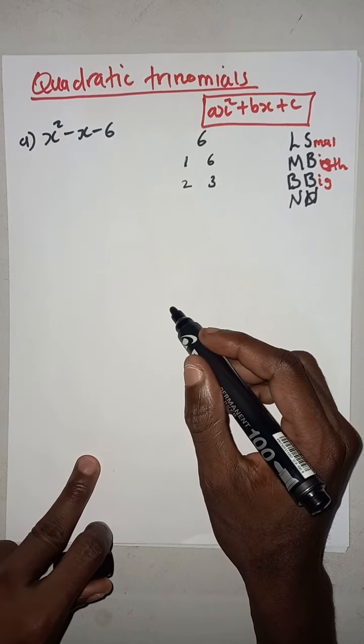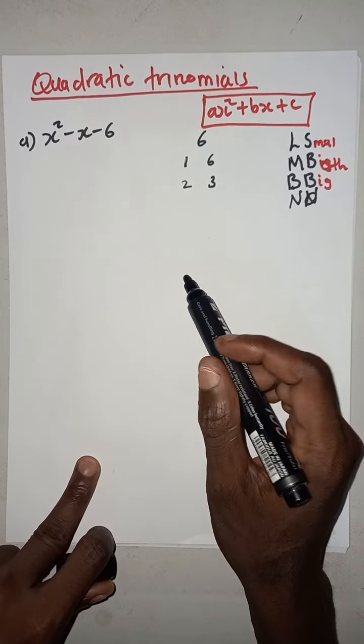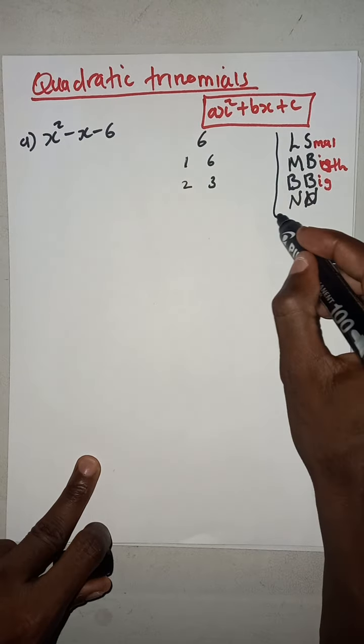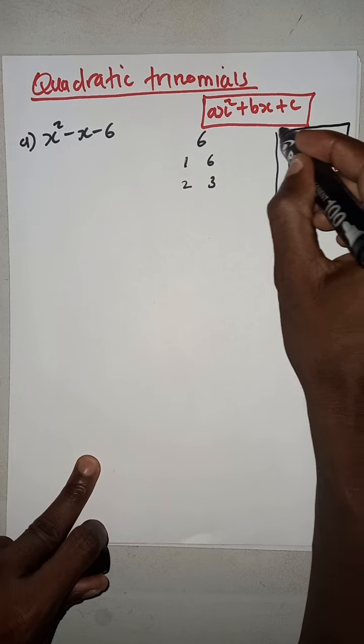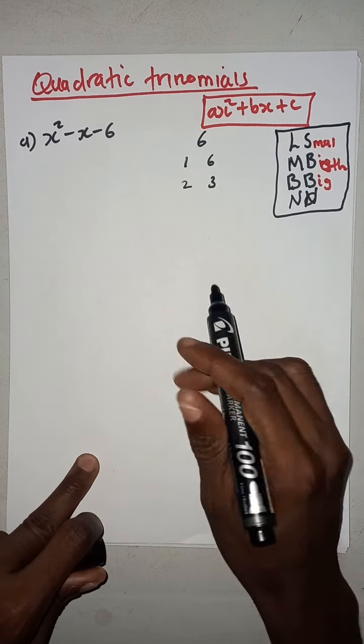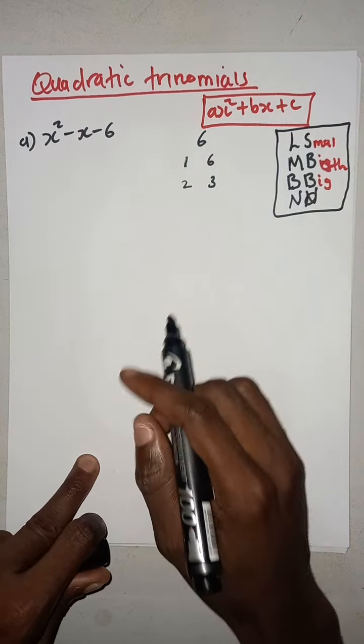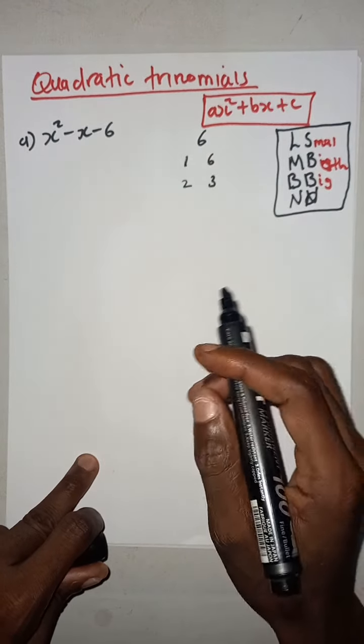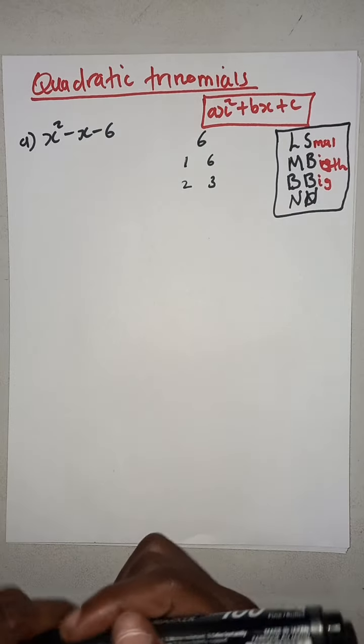So next, I need to look at this expression. It's having negative, negative. So please, this is the trick that you will not get in any textbook, but you can use it to quickly figure out which of the factors you are going to select without using the guessing method which is in the textbooks.